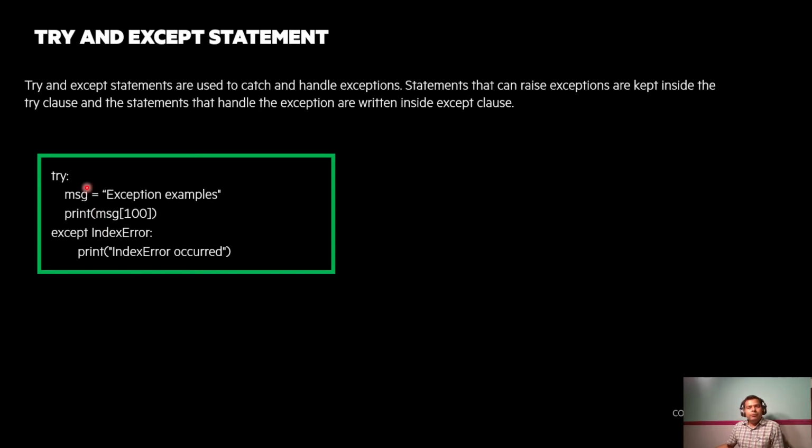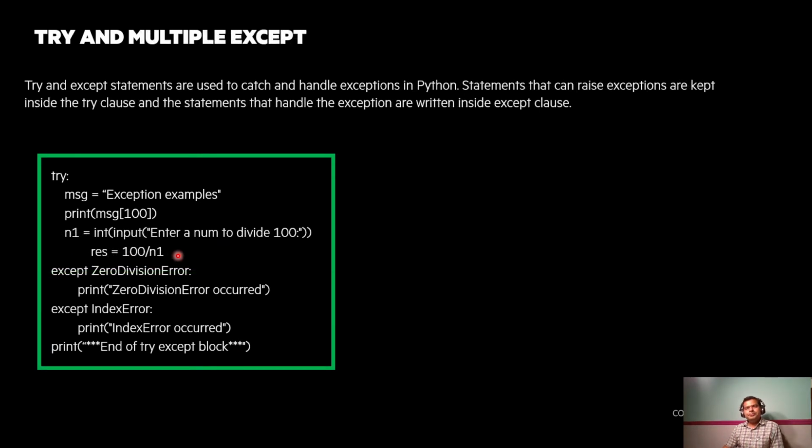Our program flow will change. We hit the exception, we'll go to the except block, and we'll do whatever we are instructed to do. In this example, we are just saying, okay, print this message, and we are good to go.